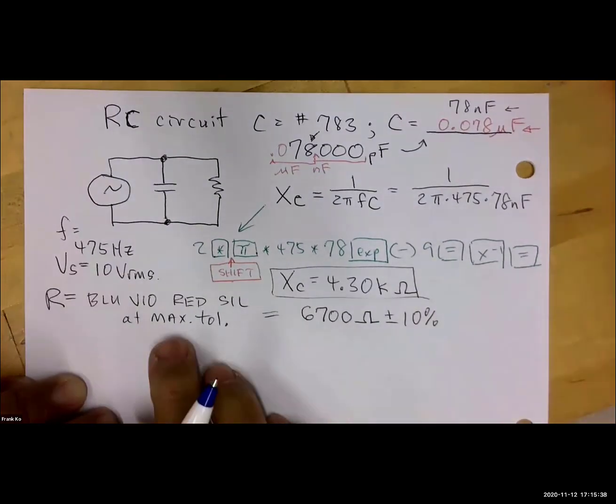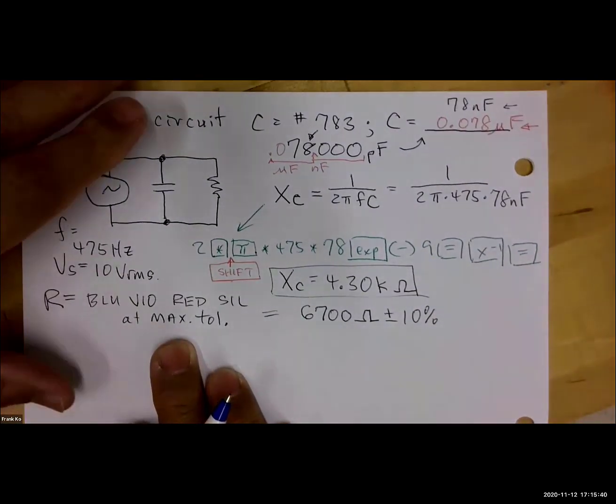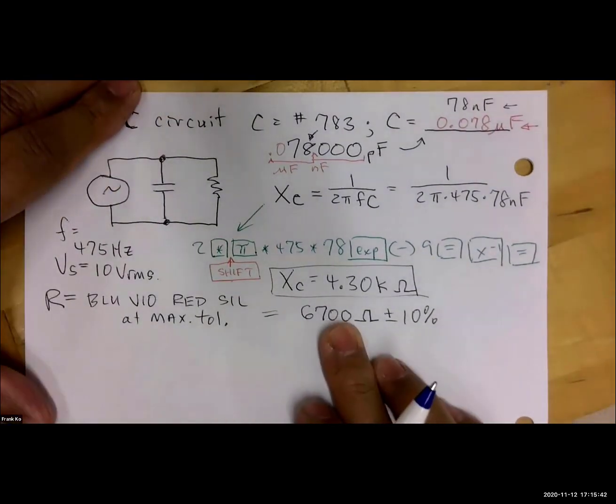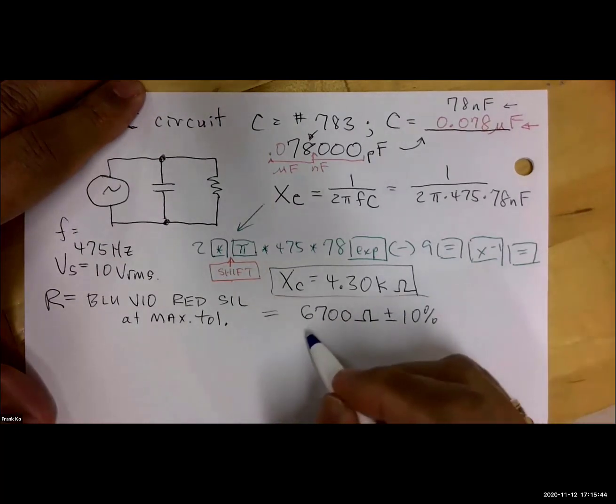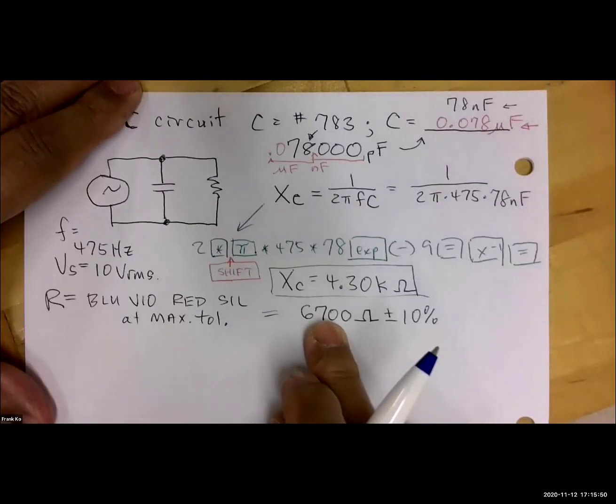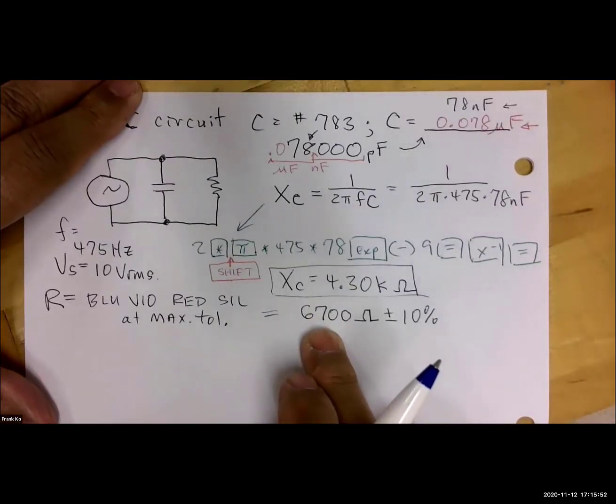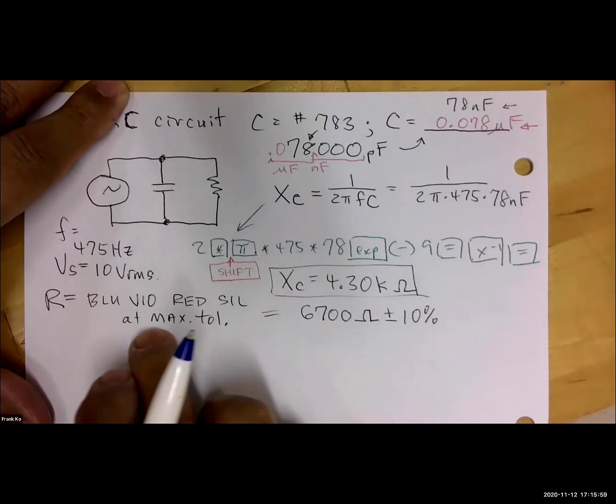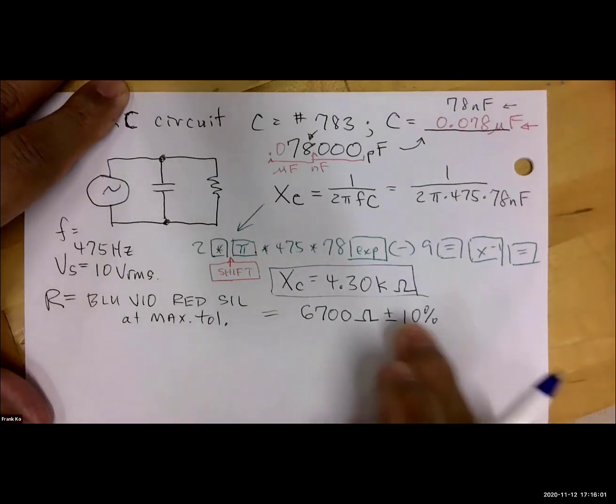Now we have to determine this at maximum. So what decimal multiplier am I going to use to determine this at maximum? How do I determine maximum? I'm going to multiply this by some kind of a decimal. 6,700 ohms times 1.1. 1.1 would give us maximum tolerance for this.